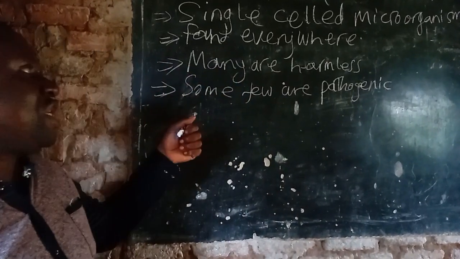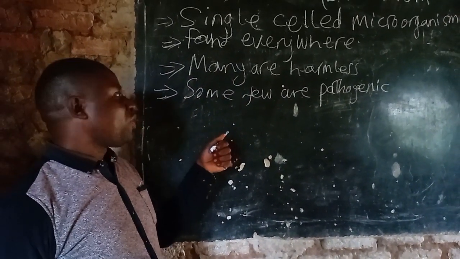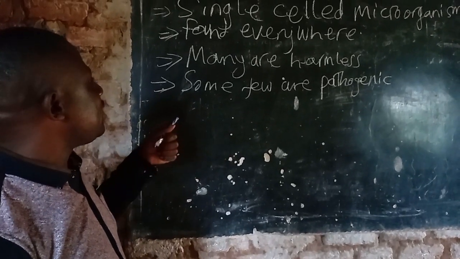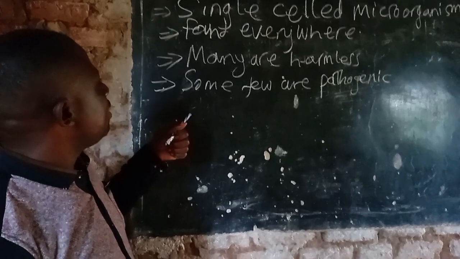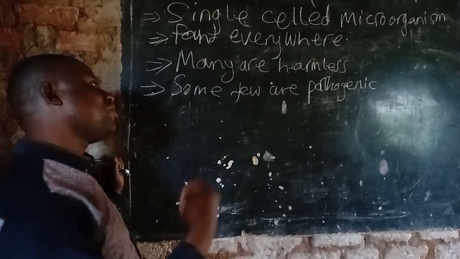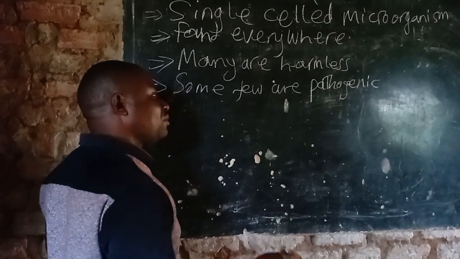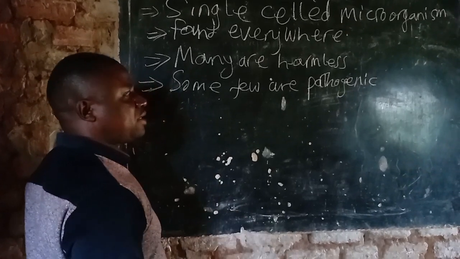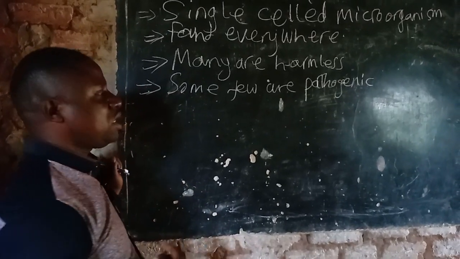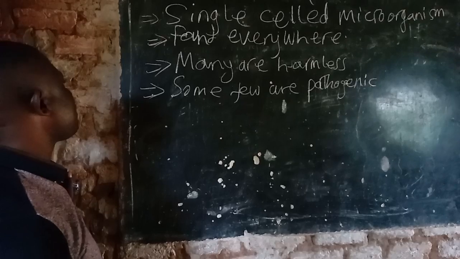Some cause diseases to us, so they are pathogenic. These ones are like Clostridium tetani, Staphylococcus, and so on. So those are examples of the dangerous ones.